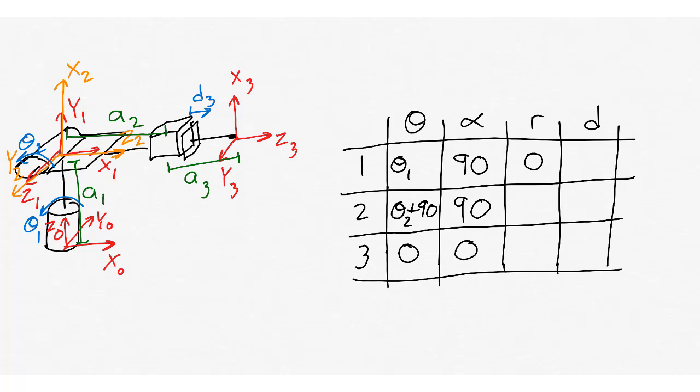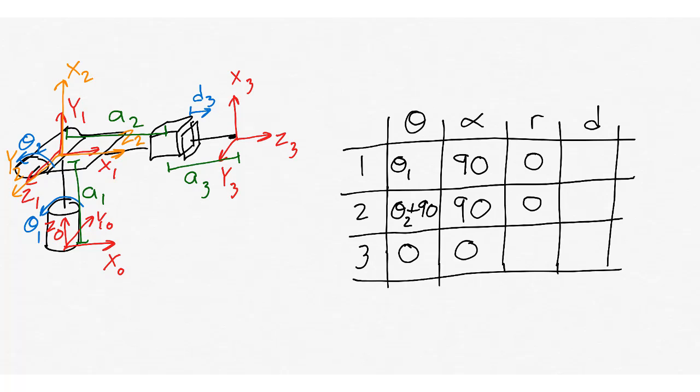For the second row, r is asking us what is the displacement from the center of frame 1 to the center of frame 2 in the x2 direction. This is easy since the center of frame 1 and the center of frame 2 is actually in the exact same place. There is no displacement at all between frame 1 and frame 2. So r in the second row is 0.